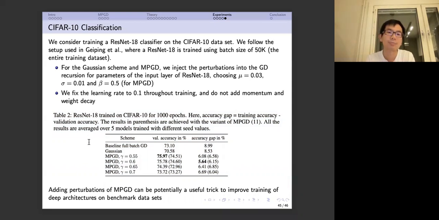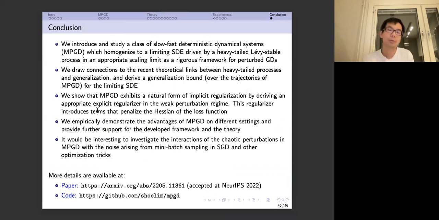To sum up, we introduced MPGD, which is based on a class of slow-fast deterministic dynamical systems. The idea is that if we take a certain scale limit, the small step size limit, it will homogenize to a limiting SDE driven by a heavy-tailed Lévy process. Because of this, we are able to make connections to recent theoretical links between heavy-tailed processes and generalization, and we obtain a generalization bound.